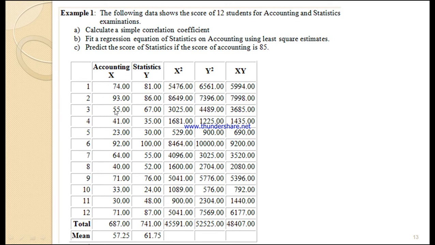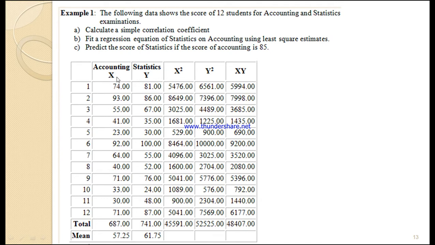When we add the examination results on accounting here, the total of this column will be 687, and the total of this column is about 741. Therefore, this is the sum of x value and the sum of y value.